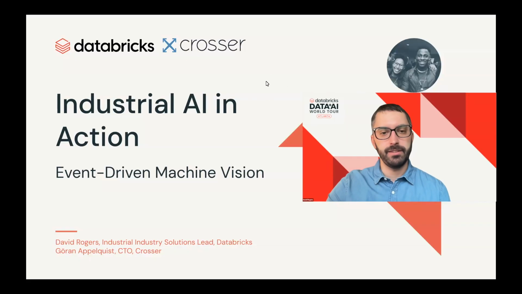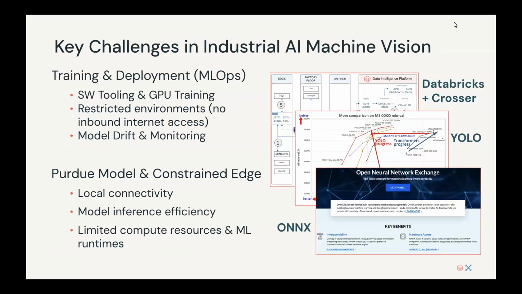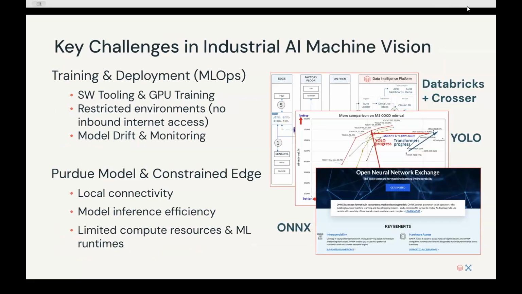Excellent. So with that, let's get into it. Some of the key challenges, starting off. Why is this something that people are struggling to deploy machine vision at scale? The first part we're going to cover today is all around training and deployment.